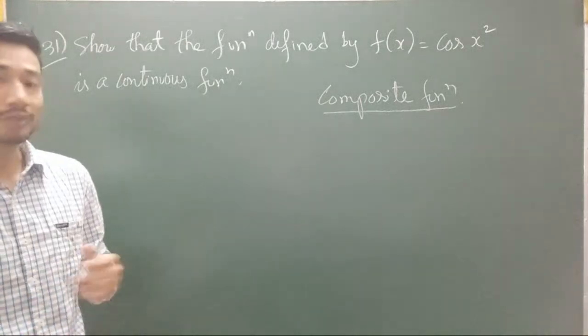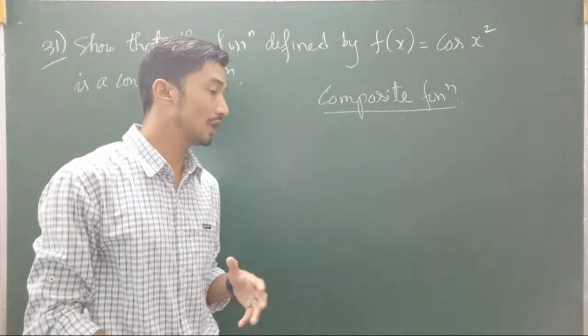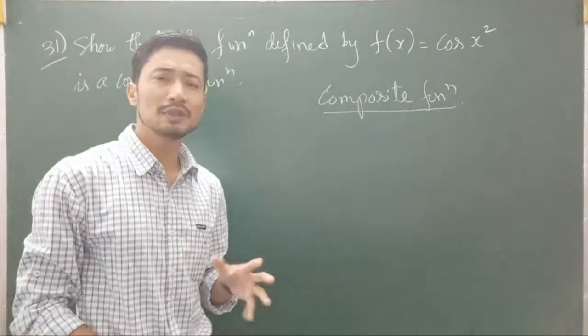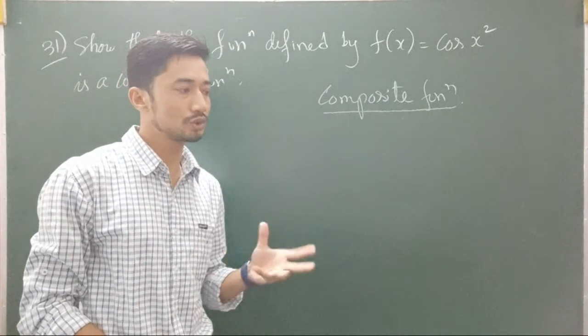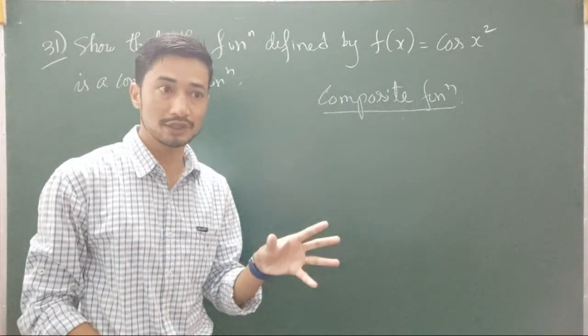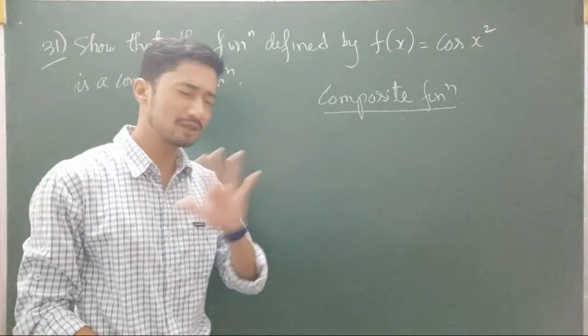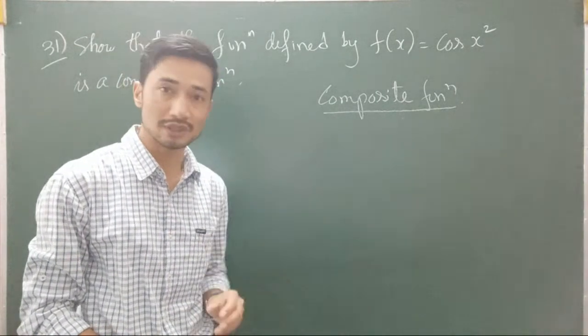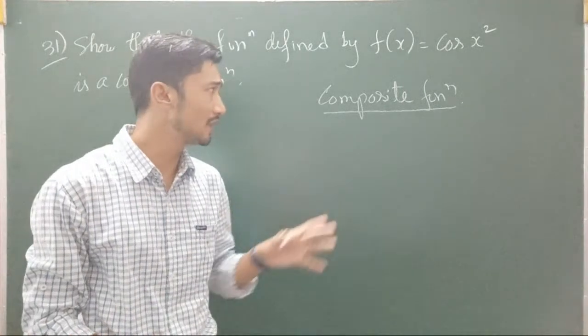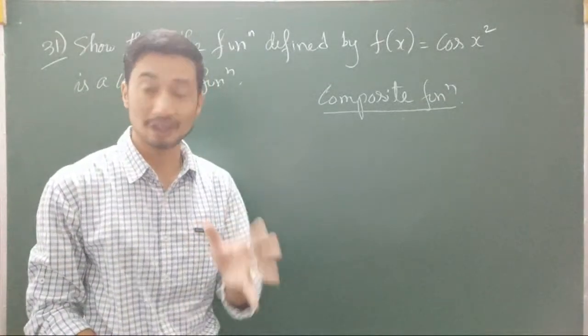But in brief, composite functions are two functions combined together. Of course, there are conditions regarding the domain and range, but let's not focus on the conditions now because we're not trying to learn composite functions; we're just getting a summary.